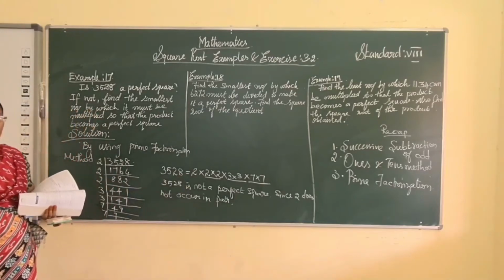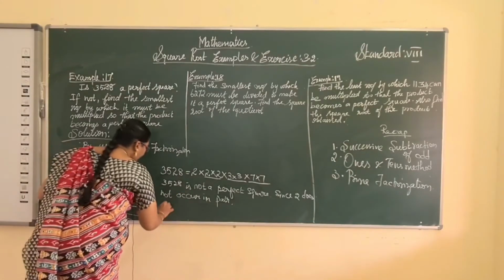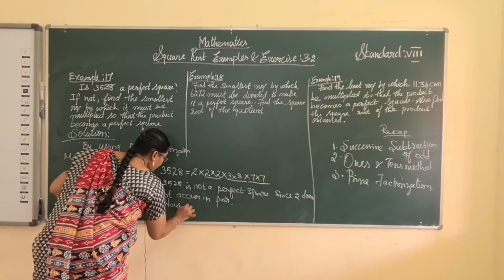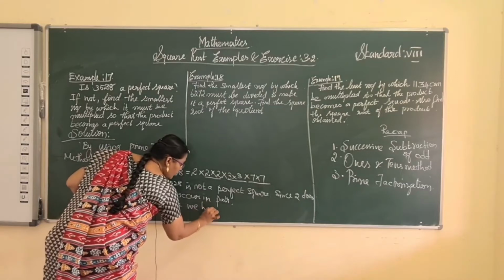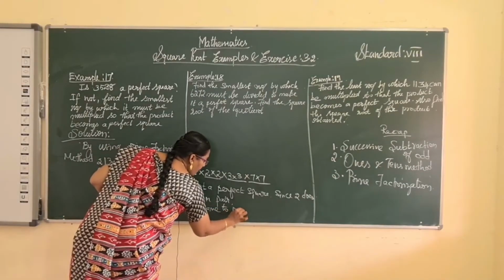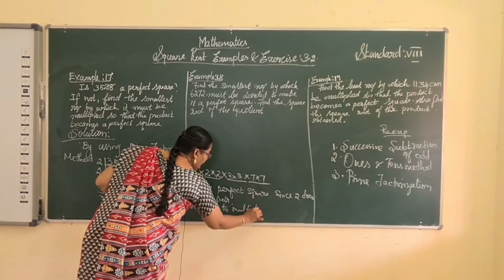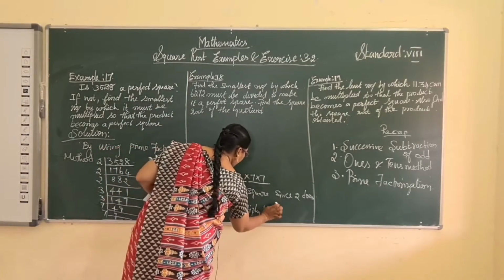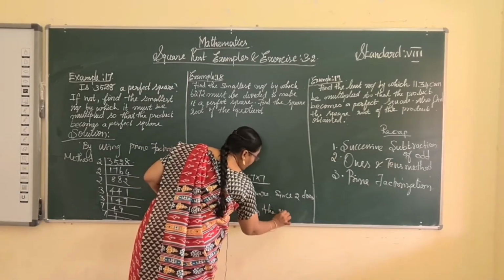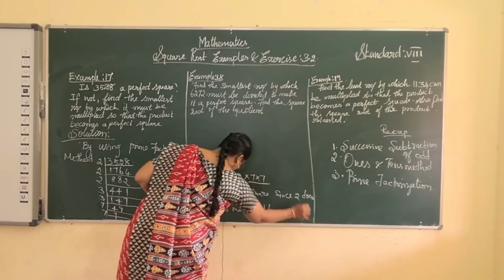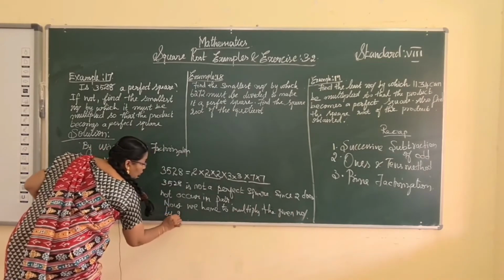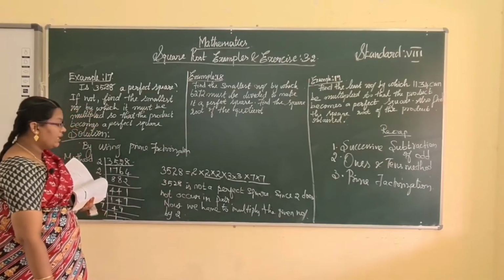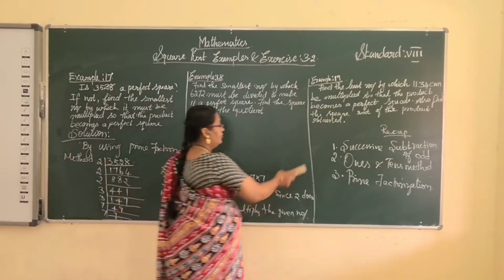2. We have to multiply the given number by 2. Then we get the perfect square.